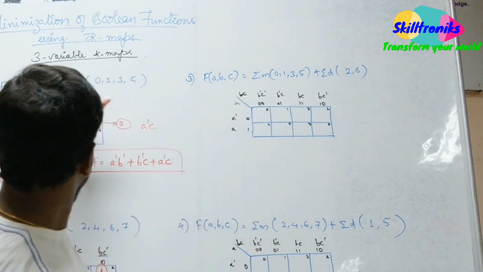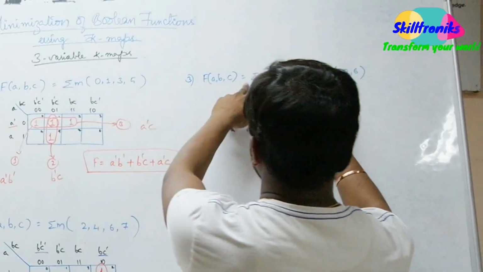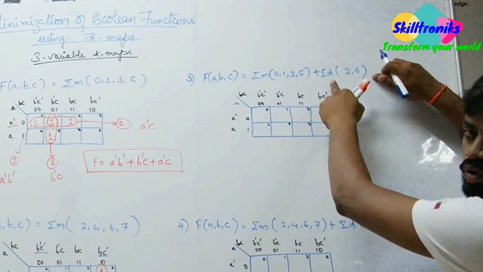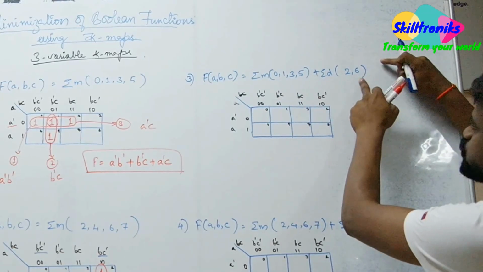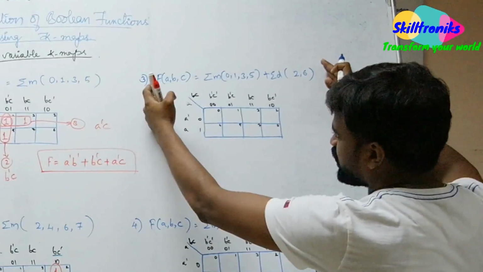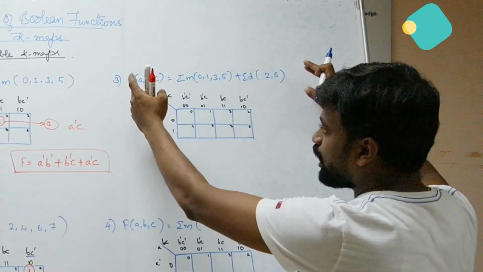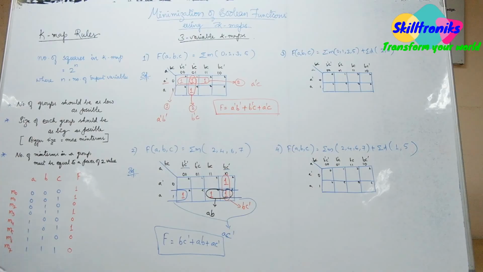So, I'm taking the same example of 0, 1, 3, 5 for explaining the don't care problem also. Apart from these minterms, I have added two more minterms called don't care minterms. So if this is my canonical Boolean function, first of all let us see how we have to denote this in our truth table.